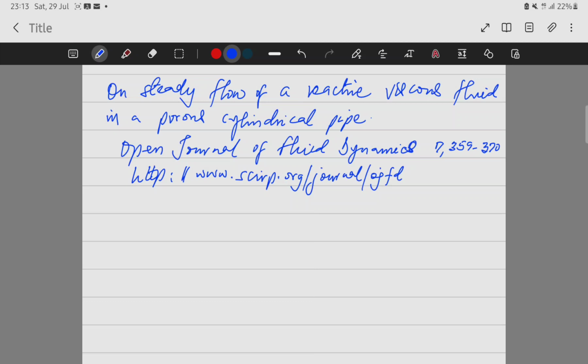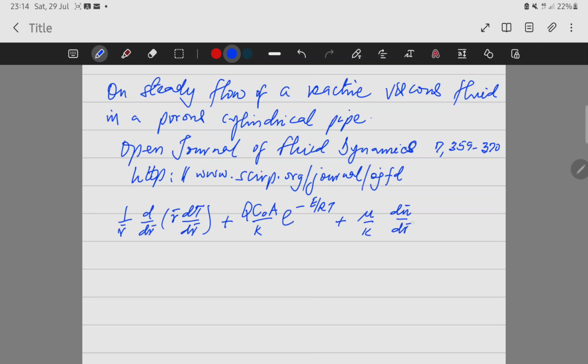The energy equation is given as this: 1 over r bar d by d r bar of r bar d t bar by d r bar, bracket close, plus Q C naught A over K e raised to power minus E by RT, plus mu divided by K, d u bar by d r bar everything squared, is equal to 0. So that is the energy equation in that paper.